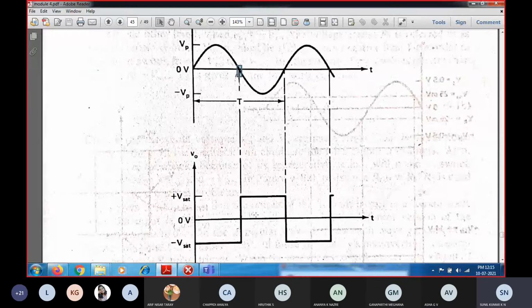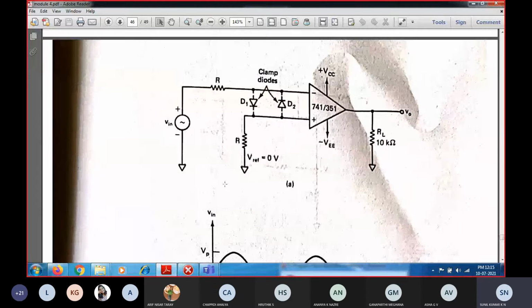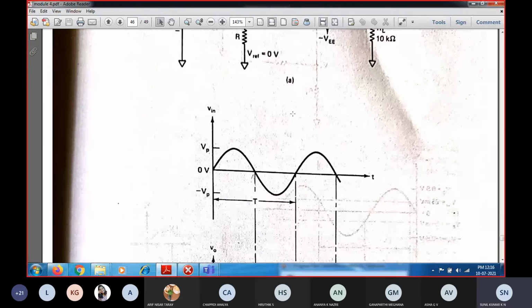In that case, the input voltage is connected, and the purpose of using the clamping diode is to protect the amplifier from high voltage signals arriving at the input, so we clamp the voltage difference of this input stage of the amplifier to 0.7 and minus 0.7 respectively. Hence, during the positive or negative voltage, the output is going to clamp to 0.7 and minus 0.7 respectively. So this is an example of a zero crossing detector.